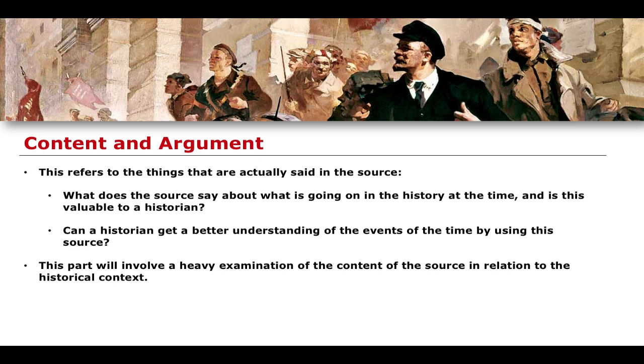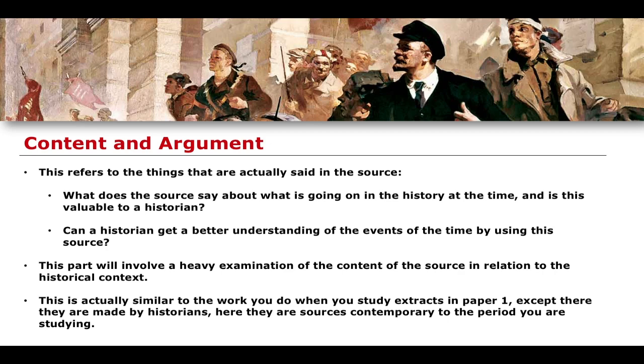This part essentially involves a heavy examination of the content of the source in relation to the historical context. And in fact, the content and the argument part of the source question is quite similar to the way in which you answer extract questions in paper 1. Because if you remember back to our guide to paper 1, to the extract questions, you have an extract, which is often a paragraph taken from a historical book or a journal article, and you are invited to highlight what arguments the historian is making and analyze whether or not those arguments hold up to scrutiny, whether or not they are good for the historical context.